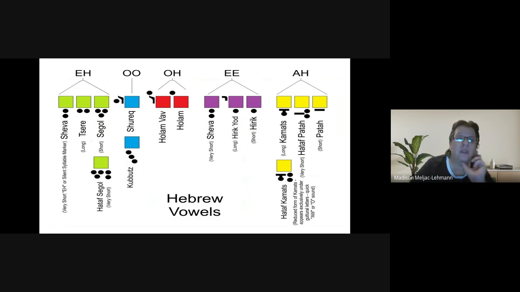And then here are your EH sounds. The only thing I would take off here is probably the Shiva, since it can only live in one of these places. So Sari is a long E, Sagol, and Hataf Sagol is very short. So that's another chart for you. Whichever chart you like, use it and get really familiar with it so that when you're not sure, you can take a look.